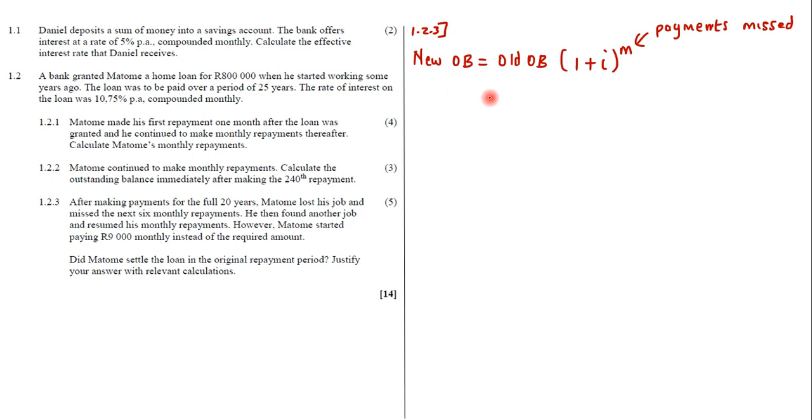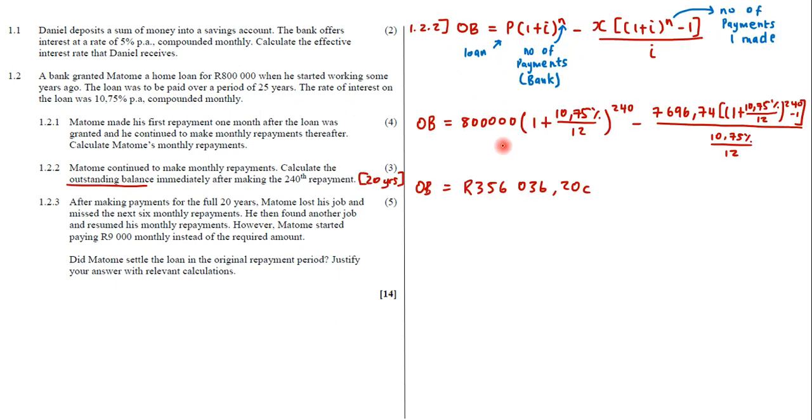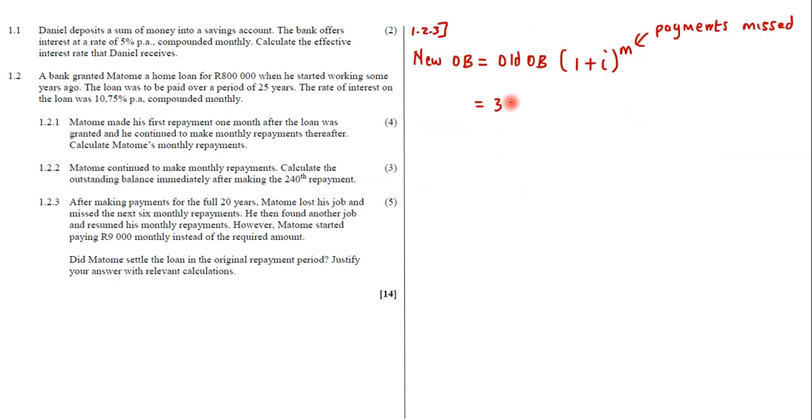All right, so now the old outstanding balance is 356,036.20, into 1 plus the interest, which is still the same, over 12. And then how many payments did I miss now? Remember, I didn't pay for the next 6 months, so it is 6.